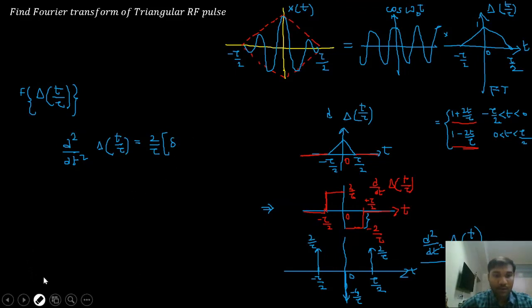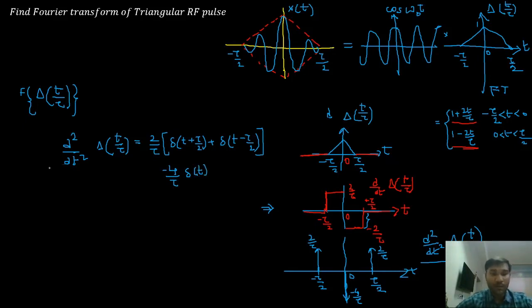First impulse is at minus tau by 2, del of t plus tau by 2, plus del of another impulse at tau by 2, so t minus tau by 2, and we have a third impulse at origin and its strength is minus 4 by tau, minus 4 by tau del of t. Right? This is the equation, right?